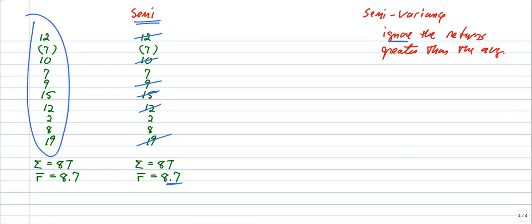So we would use the remaining values, the -7, the +7, the 2, and the 8, to calculate some measure of deviation. Semivariance only looks at the returns that fell below the mean, because that would be negative volatility. The returns that were greater than the mean are really positive volatility.